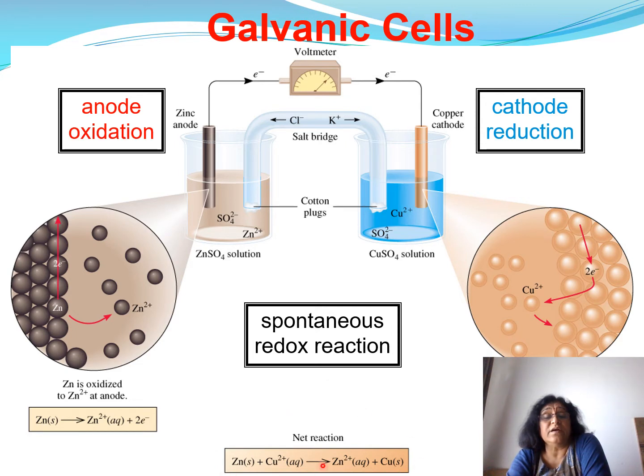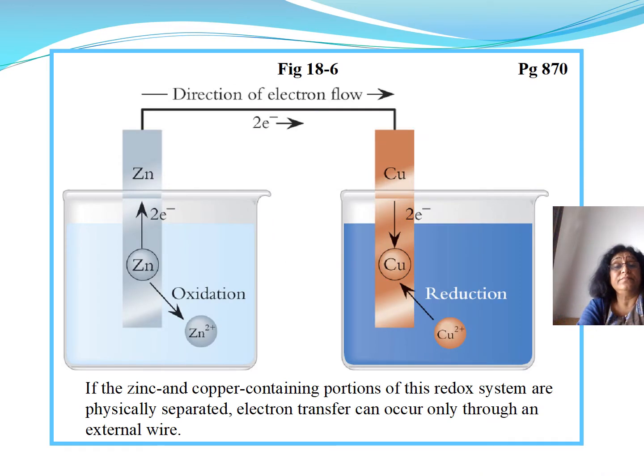Zinc converts to zinc ion, copper ions convert to copper. So zinc plus copper ions gives you zinc ions plus copper. This is the net reaction and this is a redox reaction, because reduction and oxidation are happening simultaneously. So the electrons flow from zinc to copper and the current flows from copper to zinc.